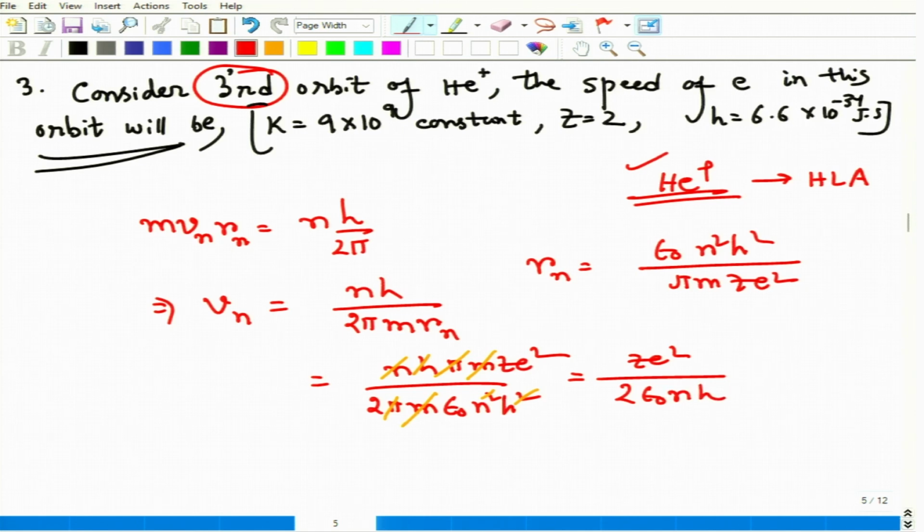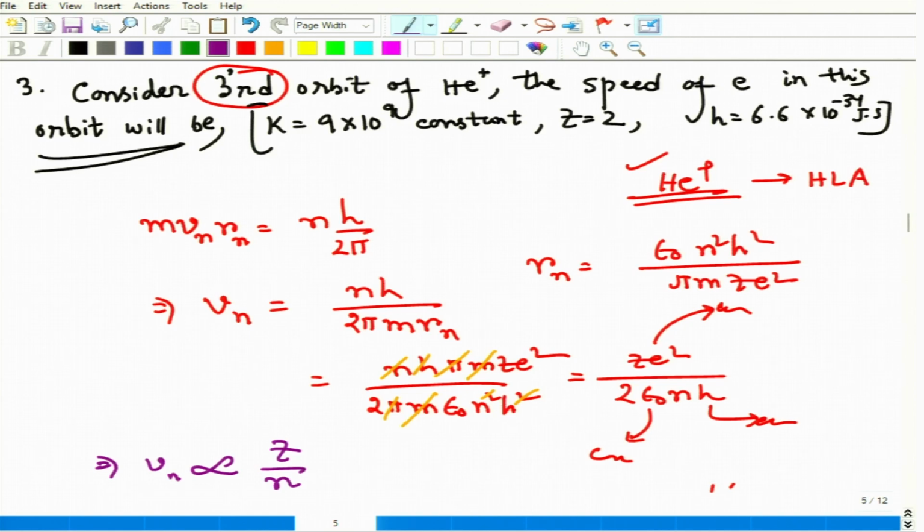Now you see that E is constant, H is constant. Just Z and N are variable, epsilon naught is also constant. These are all constant for any atom. So you can write that Vn is essentially proportional to Z by N, where Z is the number of protons present in the atom and N is the orbit.